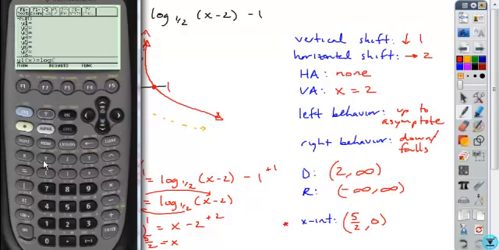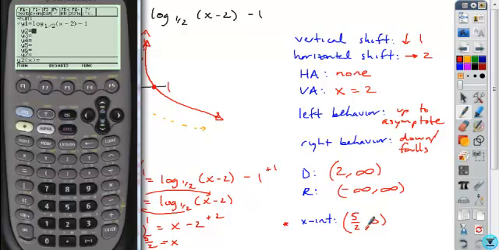I write my expression first, x minus 2, comma, followed by the base, 1 divided by 2. Close off the log, and then the minus 1 transformation happens outside. And when I hit enter, I can see it confirms that I have entered it the right way.